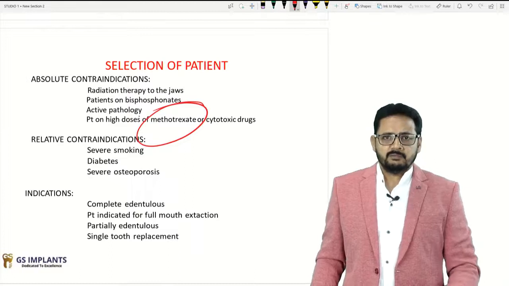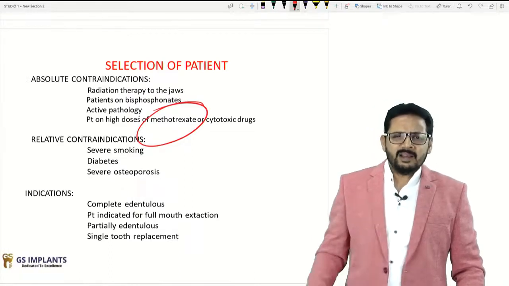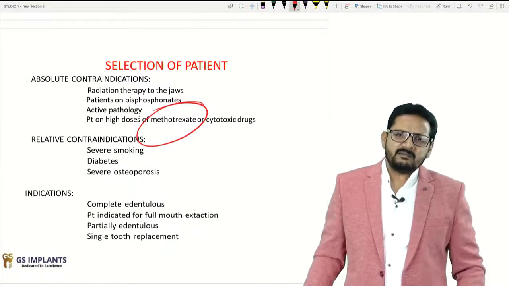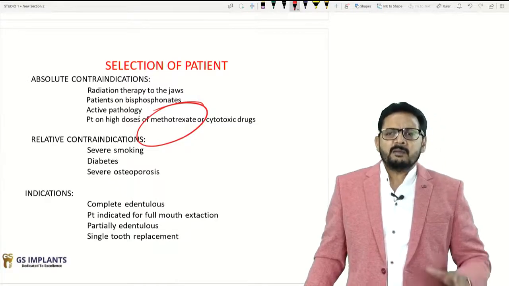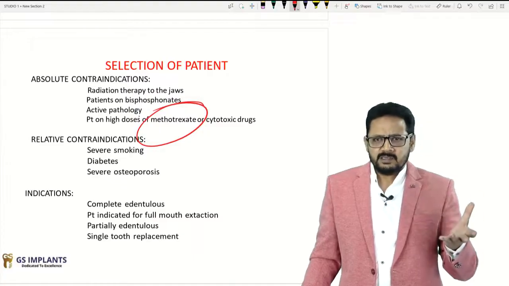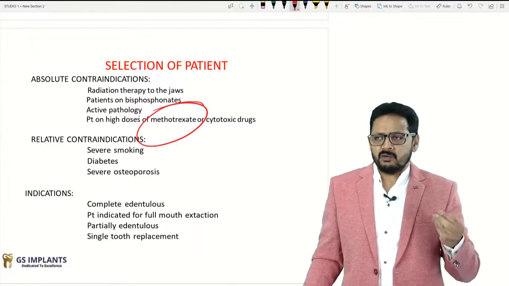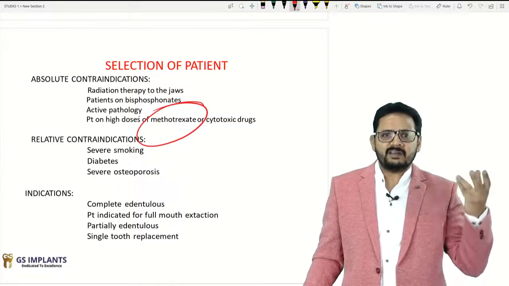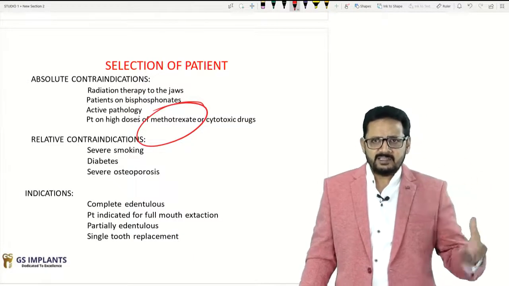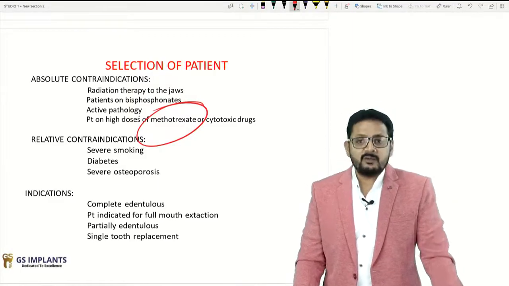So be careful. Okay. And relative contraindications, I just put them there. Yes, severe smoking, diabetes, because of the systemic reasons. It is not per se that bone loss will be there, but because of secondary infections or whatever it is. For that reason, we generally note them under relative contraindications.